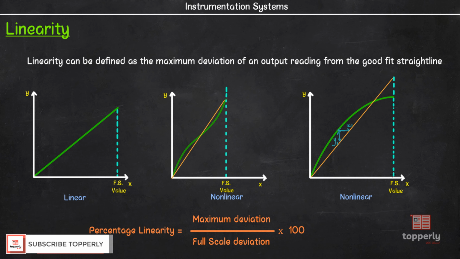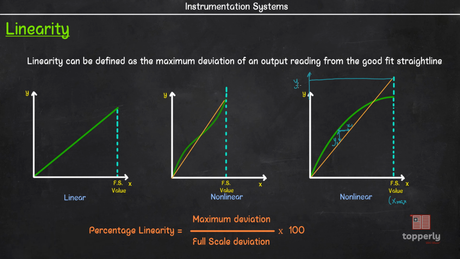Also, the full scale value of input is, let's say, x max, and the full scale value of output is, let's say, y max. Then percentage linearity can be expressed as x1 by x max into 100 or y1 by y max into 100. And note that both these values are equal.